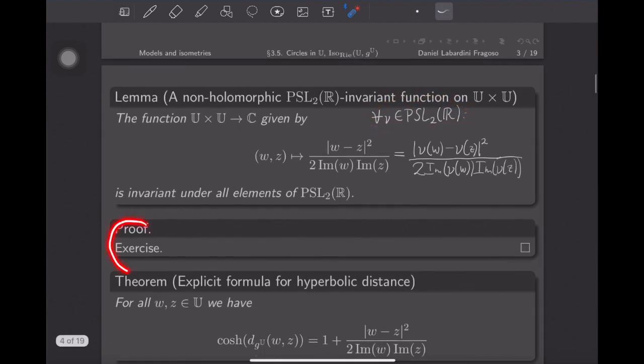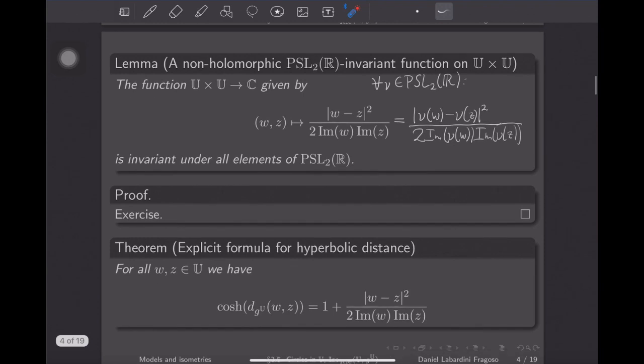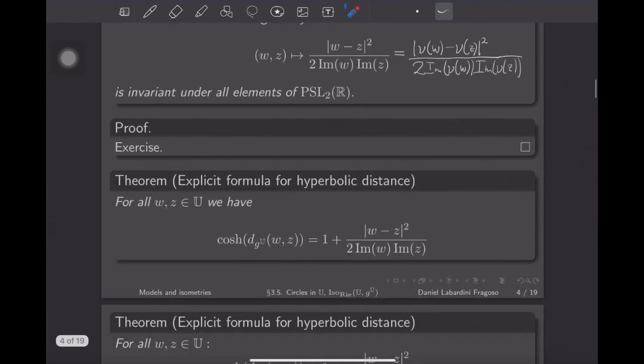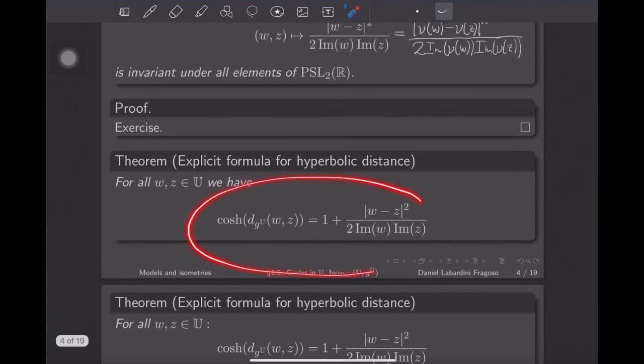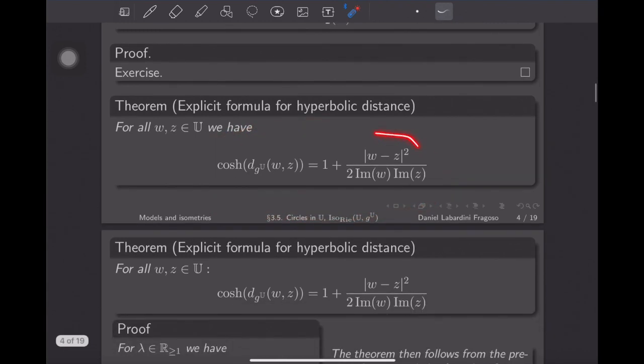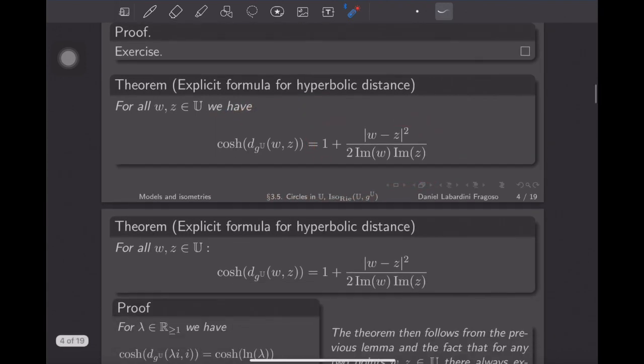I leave it as an exercise. It's just direct computation, because in the previous class we learned how to compute this imaginary part. Now, using that, I'm going to prove this formula, which is also a very nice formula.